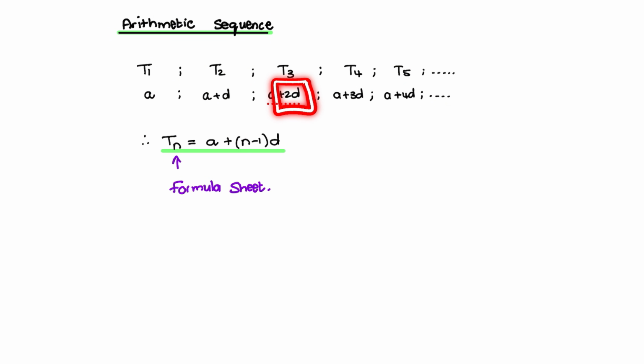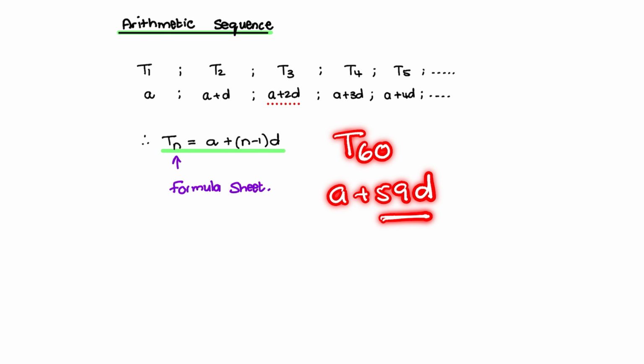And that's why we have 2D in the third term. And that pattern continues as we go on. So what you notice is that for term 3, we are adding 2D. For term 4, we are adding 3D. For term 5, we are adding 4D.